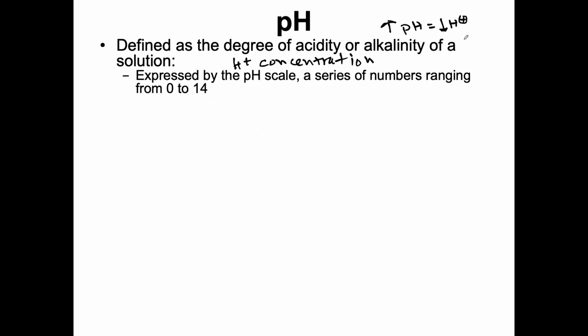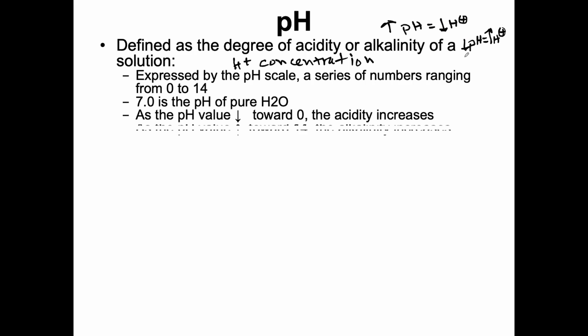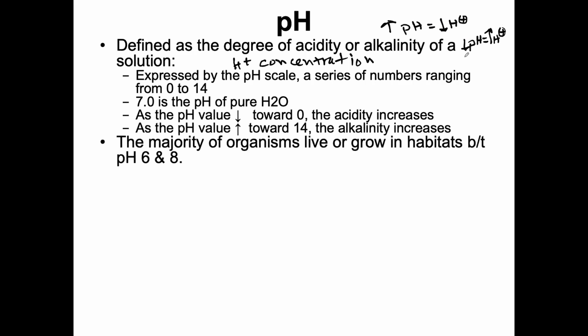And at a low pH, the proton concentration is high. 7 is pure water, that's neutral. And so those are the values. Above 7, basic. Below 7, acidic.